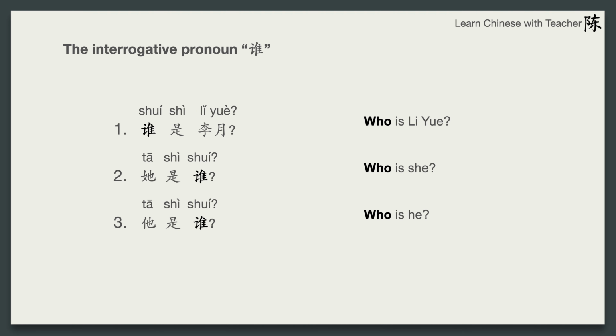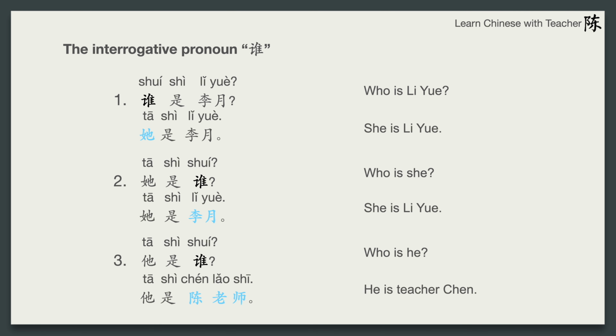Let's look at the answers of these questions. The first one, 谁是李月 literally means who is 李月? The answer, 她是李月 she is 李月.